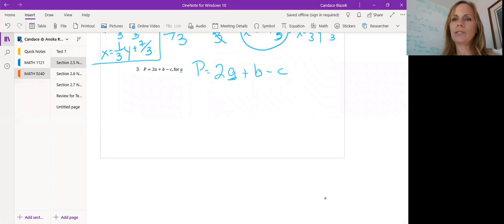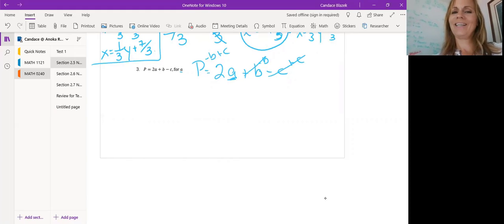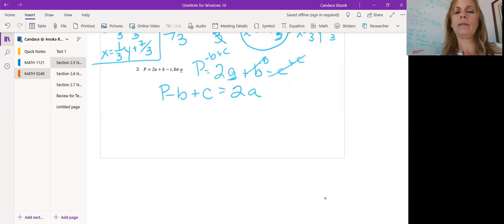So in my first step, I'm going to subtract B, and I'm going to add C to both sides. Now, when I do that, notice that the B's cancel and the C's cancel. If you rewrite everything, we have P minus B plus C is equal to 2A.